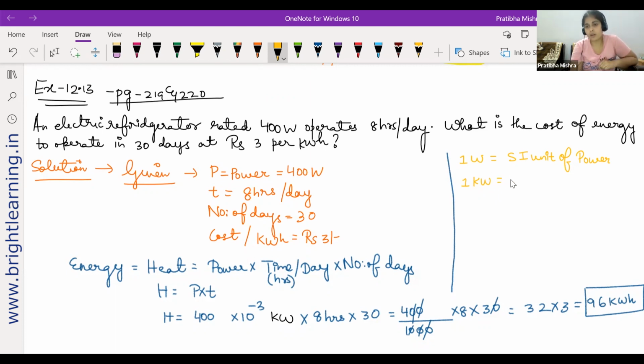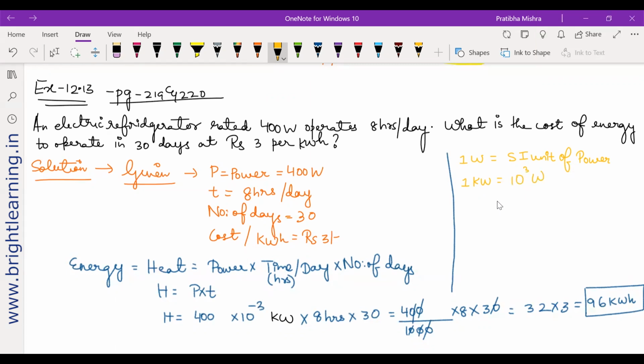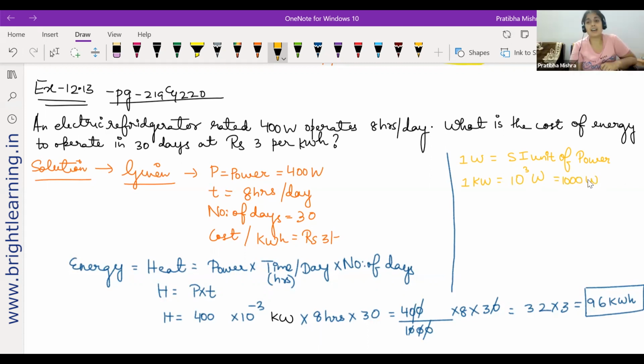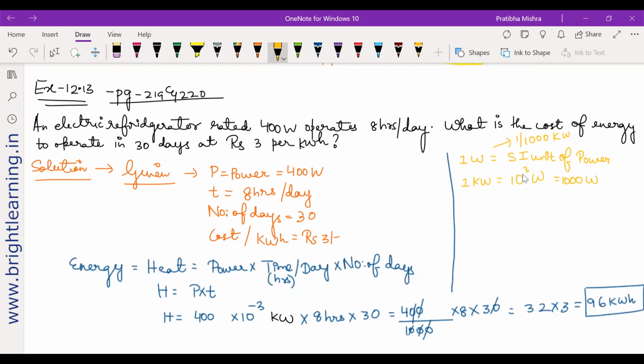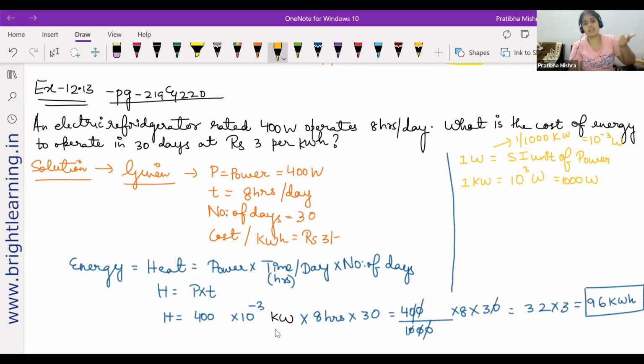So 1 kilowatt will be a much bigger unit of power, where it is nothing but 10 to the power 3 watt. So 1 watt will be equal to 1 by 1000 kilowatt, which is nothing but 10 to the power minus 3. That's the reason I have written it here directly.